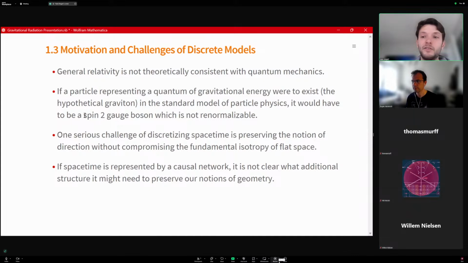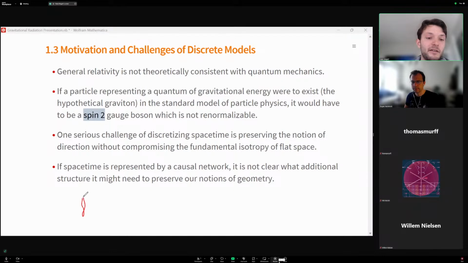And the fact that it's spin 2 actually relates to what we discussed with the polarization states. We said that fundamentally, if it's linearly polarized, it can have this plus polarization, or what's called a cross polarization, where it's at 45 degrees.